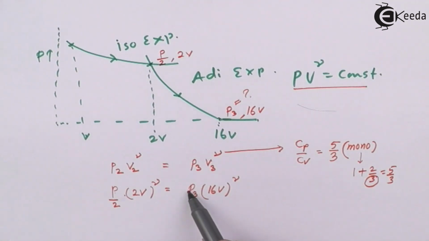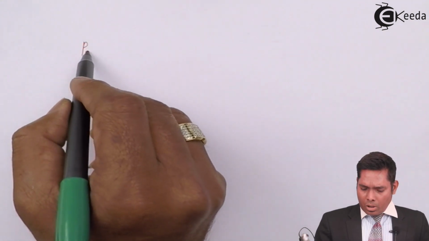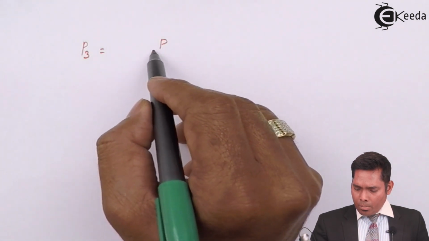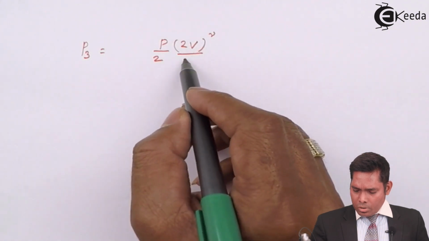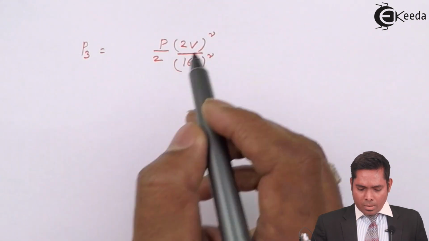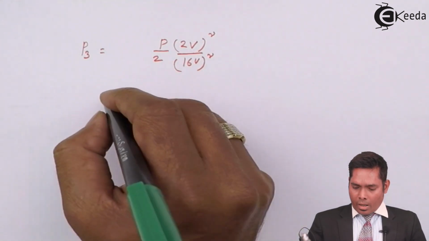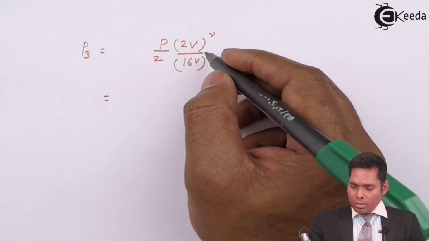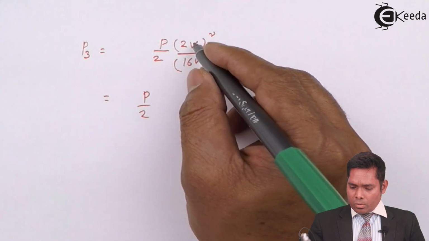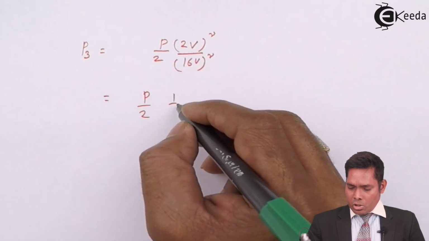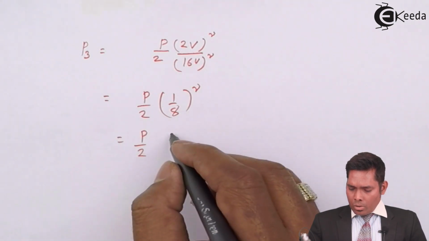We want P3, so I'll rearrange that. P3 equals P by 2 times 2V raised to gamma over 16V raised to gamma.